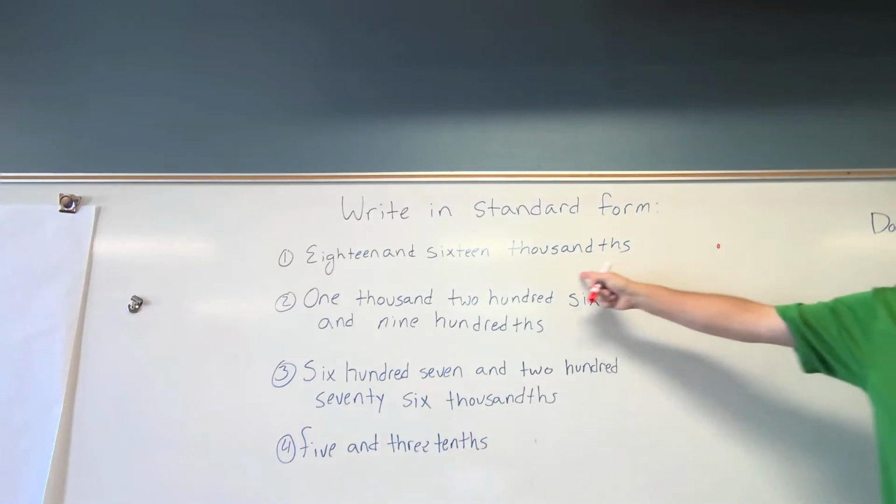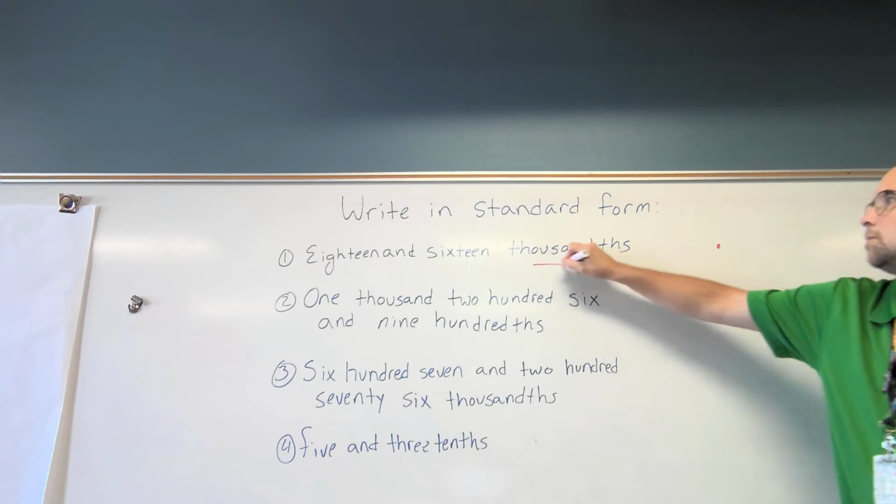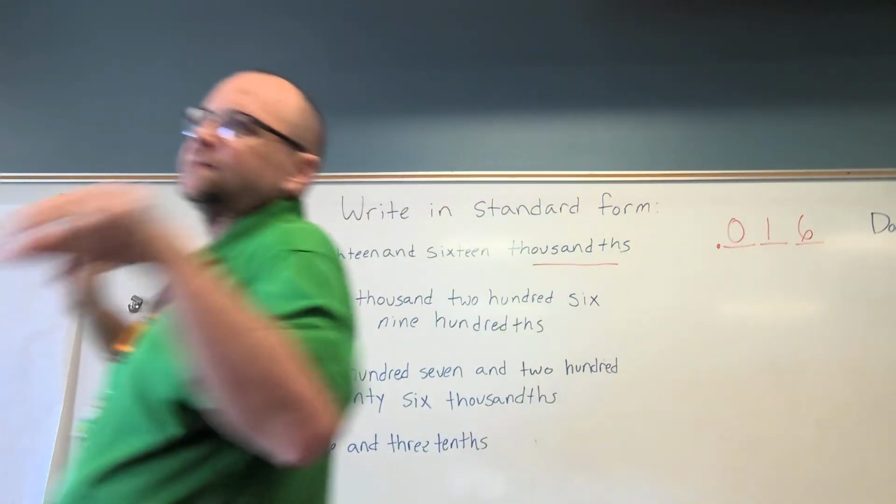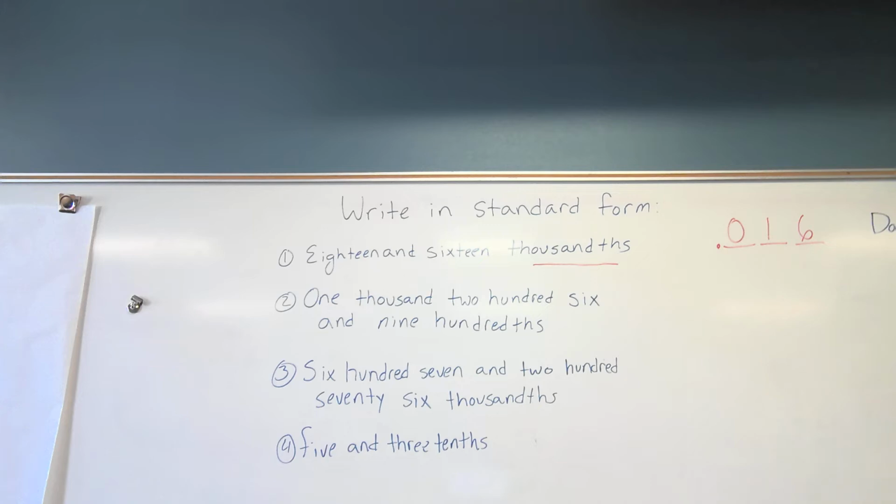Because it goes out to the thousandths. My last number has to be in whatever the last place value is. So it has to have 3 numbers behind my decimal point. Tell me the 3 numbers behind my decimal point. Good. That makes it say 16 thousandths.